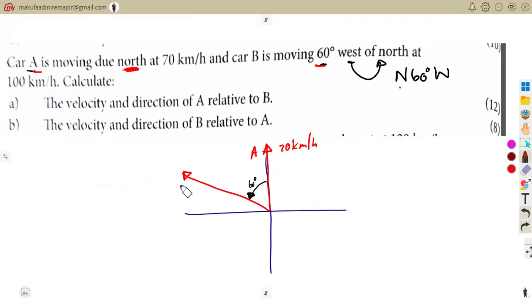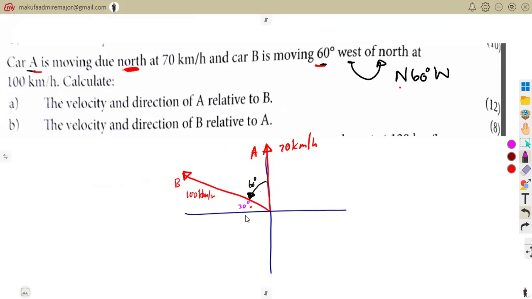So we are having our B like this. This is the diagram that we are supposed to have as our original diagram. Here we know if it is 60, it means here it's going to be 30, exactly just like so.